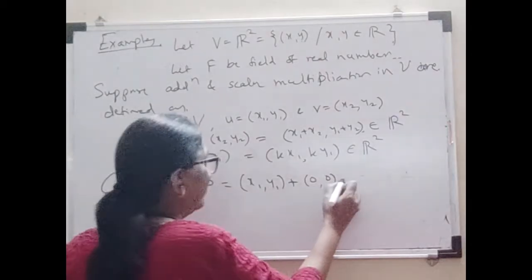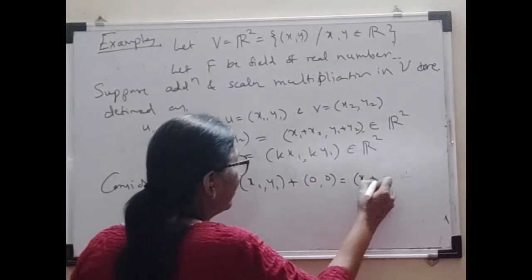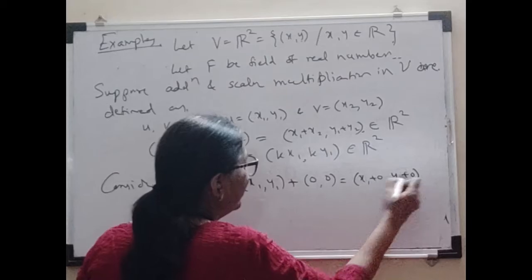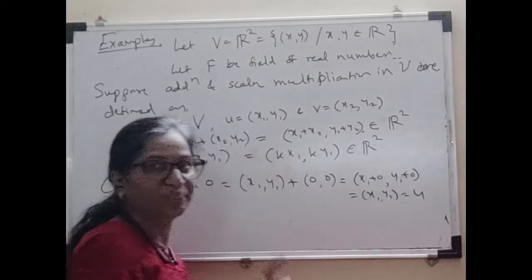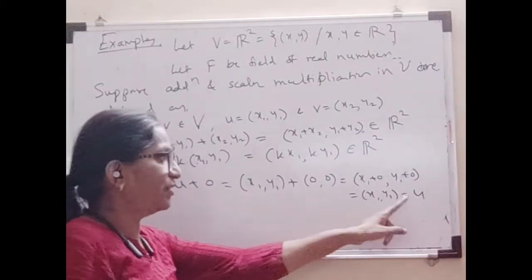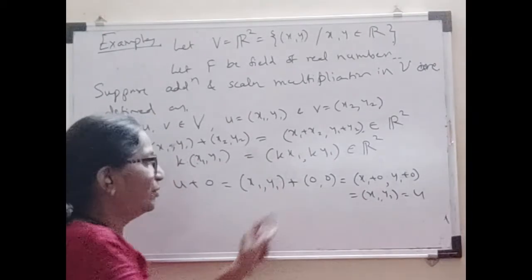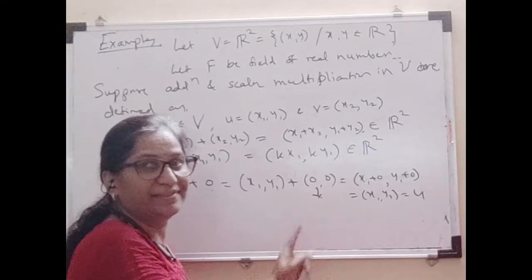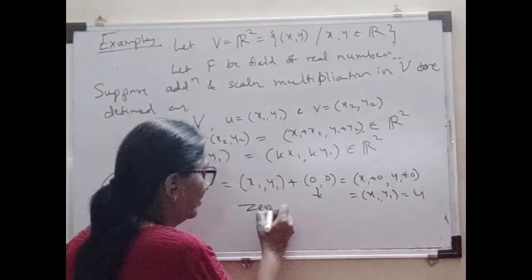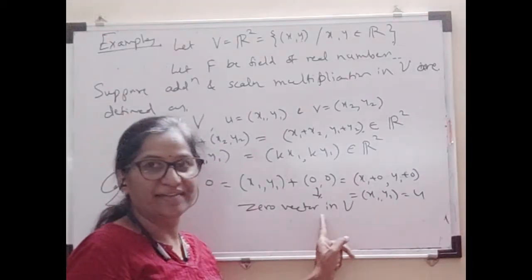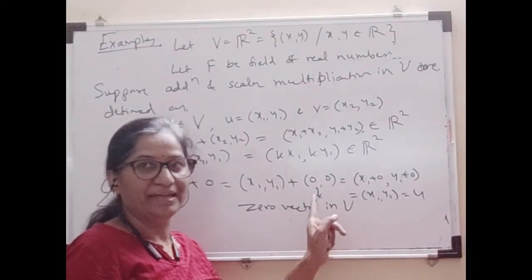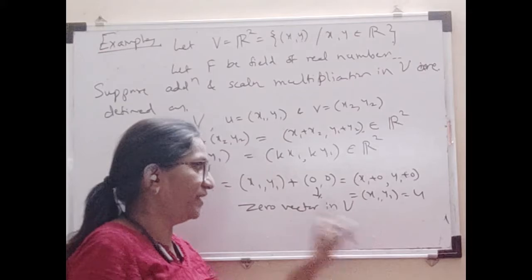After finding the sum, I'll get (x1 plus 0, y1 plus 0), and it is nothing but (x1, y1), and that is nothing but u. So u plus 0 is equal to u. So this (0, 0) acts as the 0 vector in V. Thus there exists a 0 vector, or additive identity, in V.